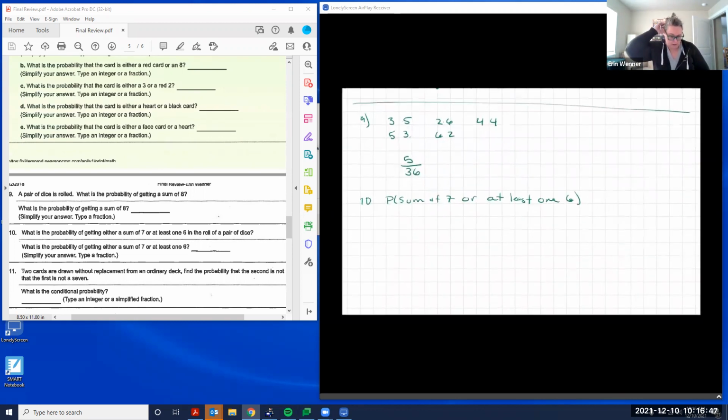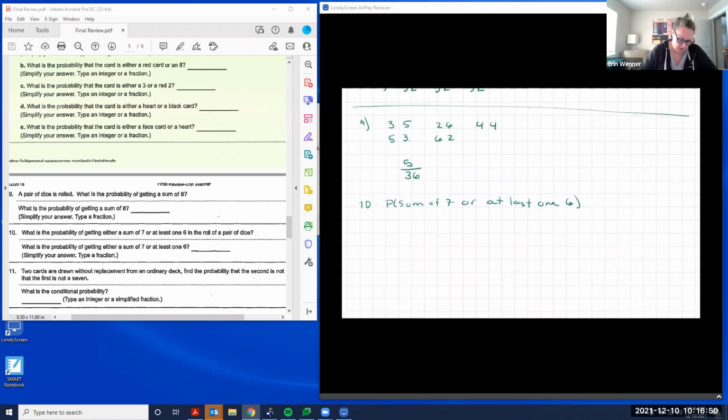So let's look at our table for when we're rolling these dice. We can have a 1, 2, 3, 4, 5, or 6 on each die. At least one 6 is going to happen here and here.